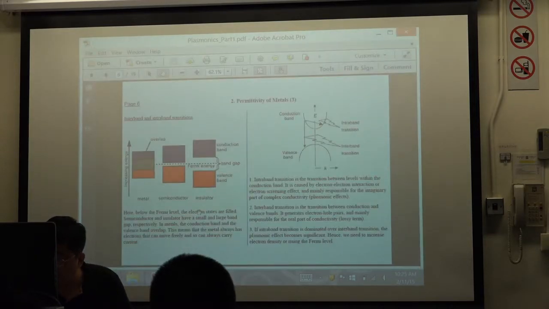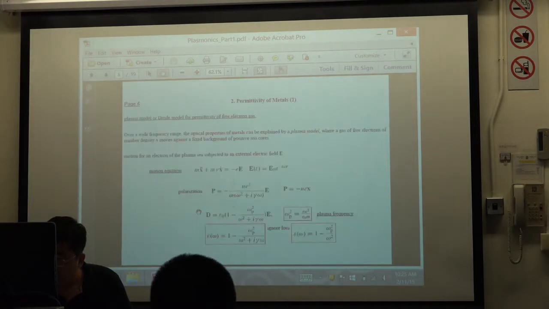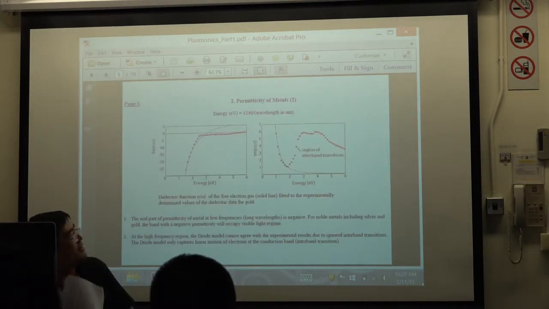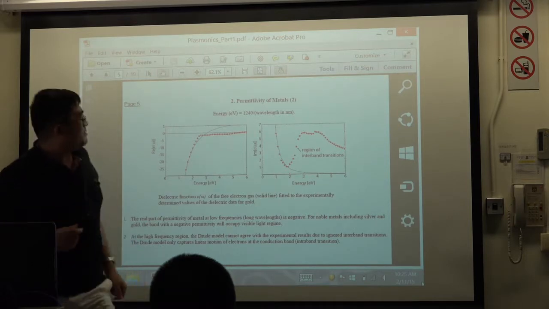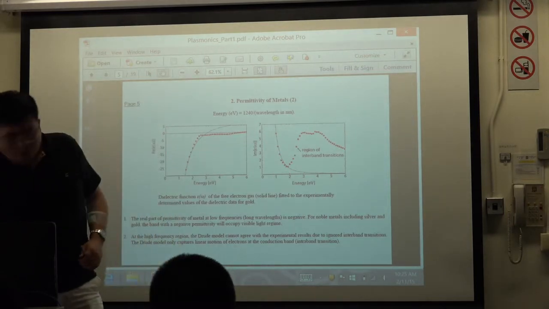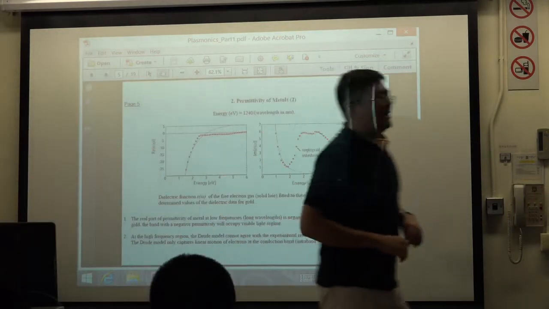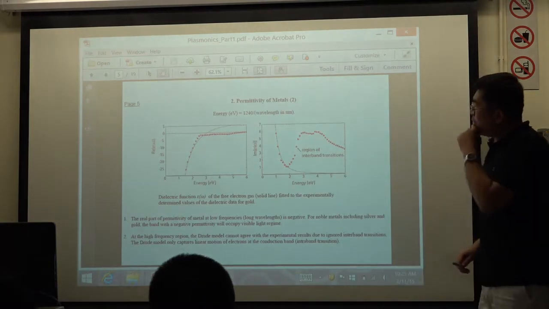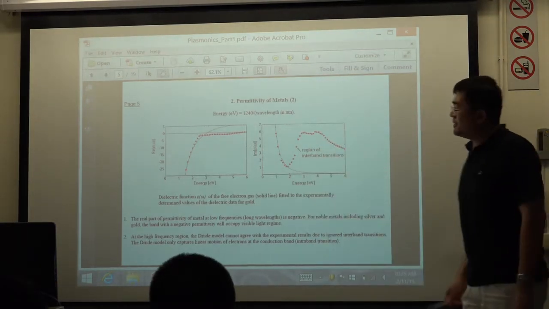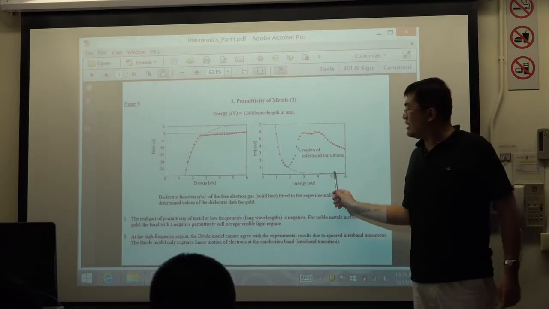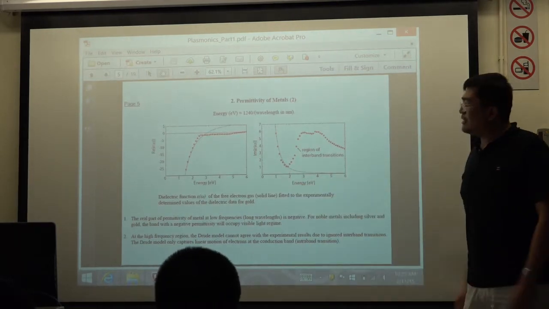This is the basic nature of metal material. Then we can see this interesting result. When you build this model, you must fit it with the experimental results. The red curve is the experimental result and the black is the theoretical result.